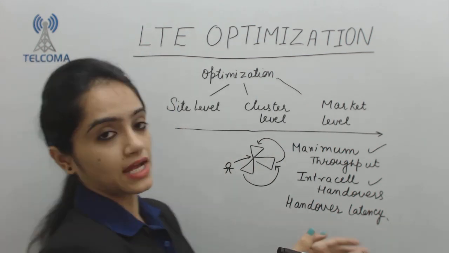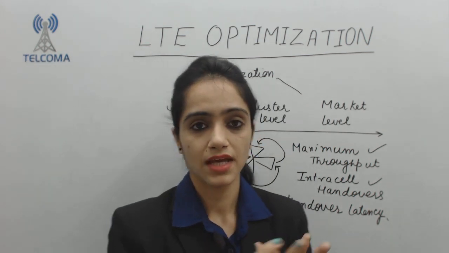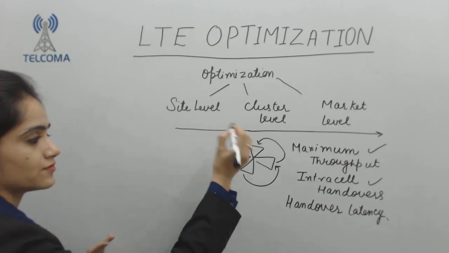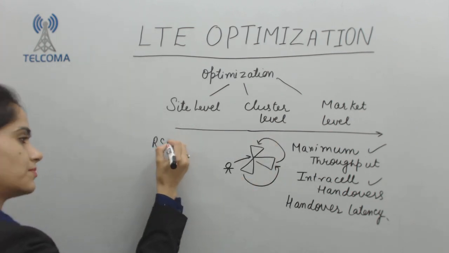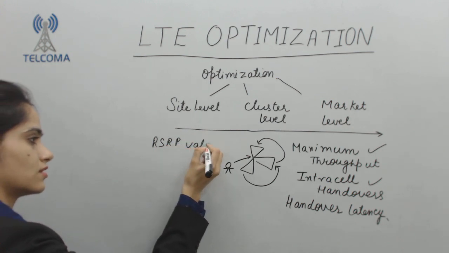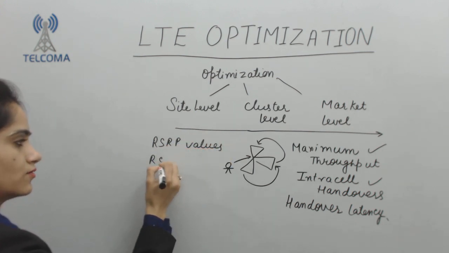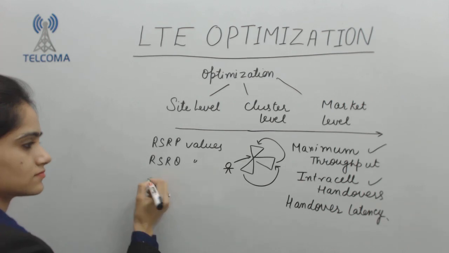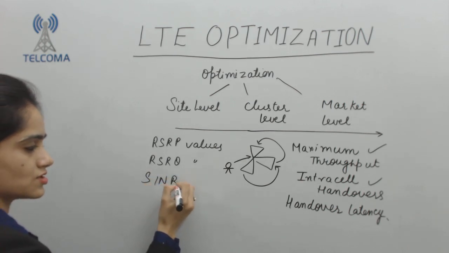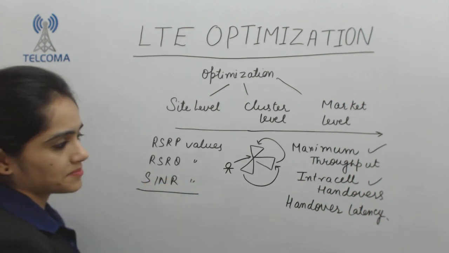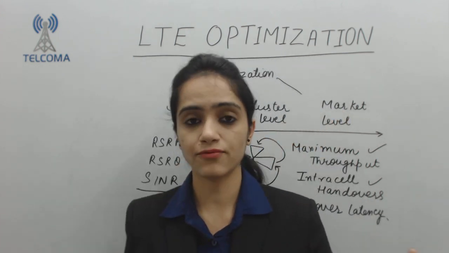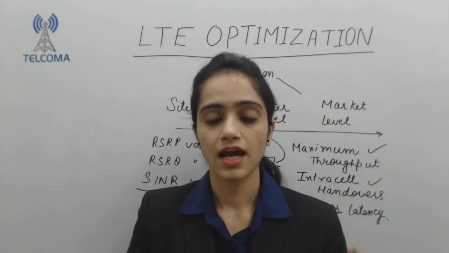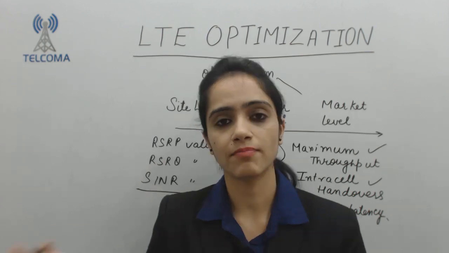Latency is the minimum time for handover decision. After that, the parameters which we require in single cell function test are RSRP values, RSRQ values, and signal to interference noise ratios. That means in single cell function test, we mainly focus on a single site, revolve around it, and record and calculate each and every parameter.